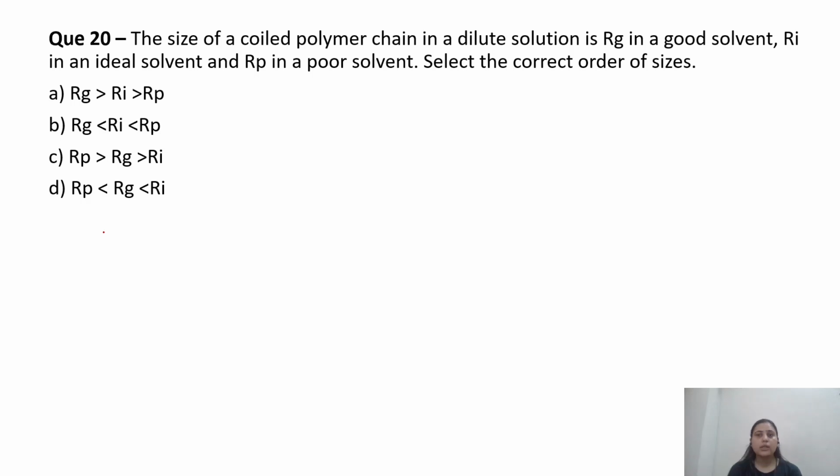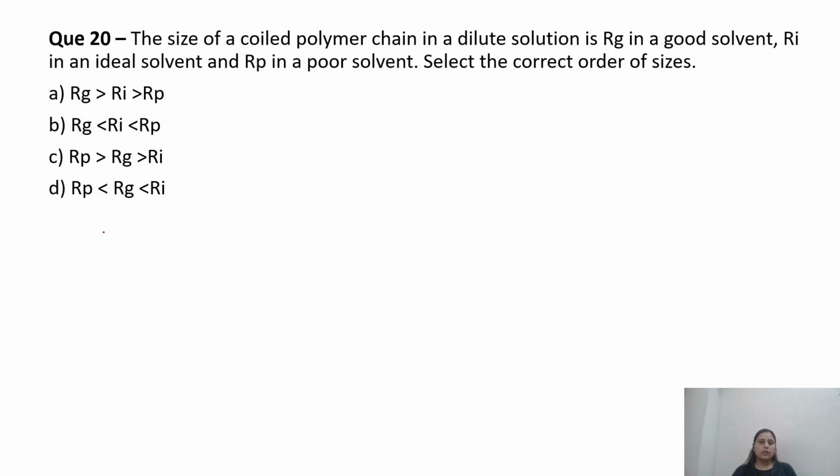So a polymeric chain is mixed in a dilute solution, and when it is mixed in a good solvent, Rg is the size, in the ideal solvent, Ri is the size of the coiled polymeric chain, and Rp is in the poor solvent. So what should be the order? Option A says that in a good solvent, the size is more than in the ideal solvent, than in the poor solvent.